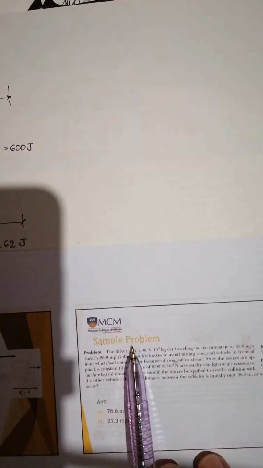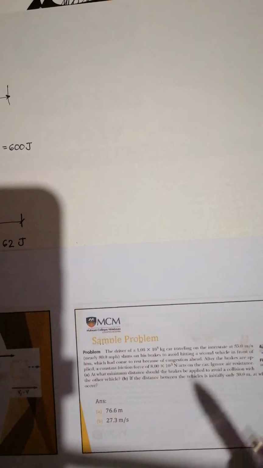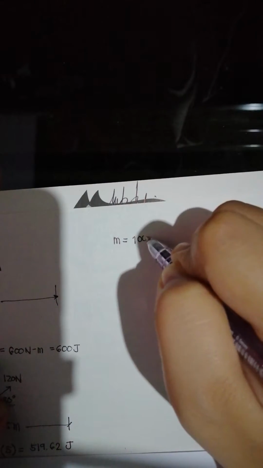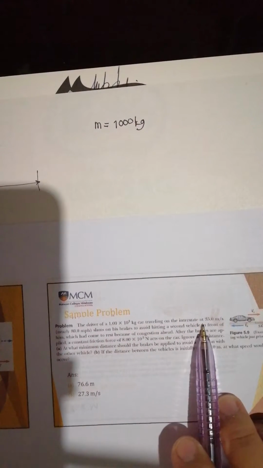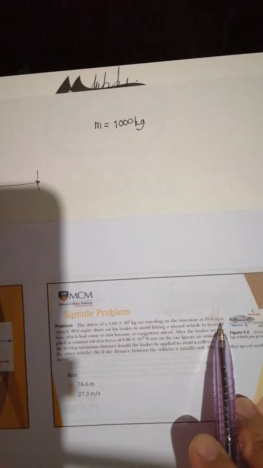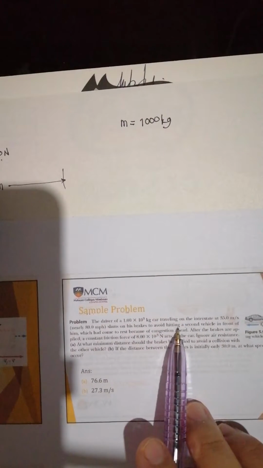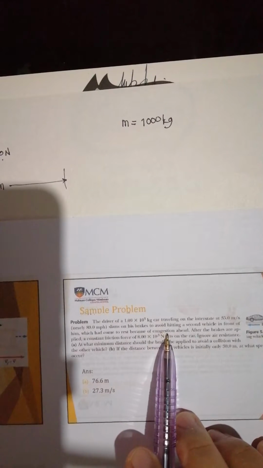So here, the driver of a 1 times 10 raised to 3 kilograms car, or that is, the mass of the car is 1000 kilograms, is traveling on an interstate at 35 meters per second, nearly 80 miles per hour, and slams on his brakes to avoid hitting a second vehicle in front of him, which had come to rest because of congestion ahead.